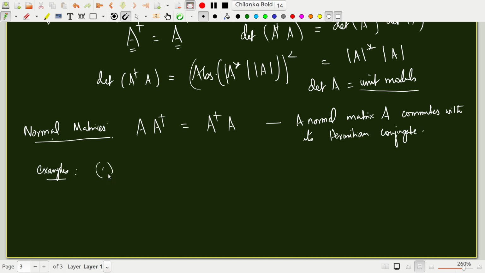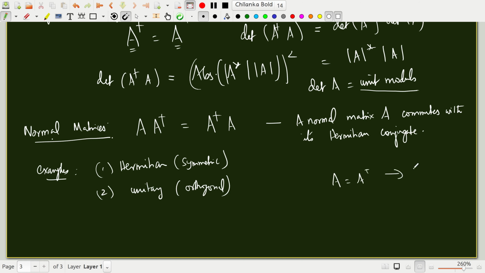Examples of normal matrices are basically Hermitian matrices, because for a Hermitian matrix A is A dagger, so it doesn't matter where you write it. So Hermitian or symmetric for real matrices, and then unitary or orthogonal matrices, all will satisfy this. Just as if you had A equal to A transpose, we call that a symmetric matrix.